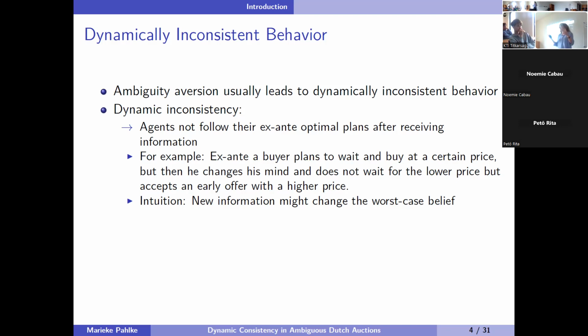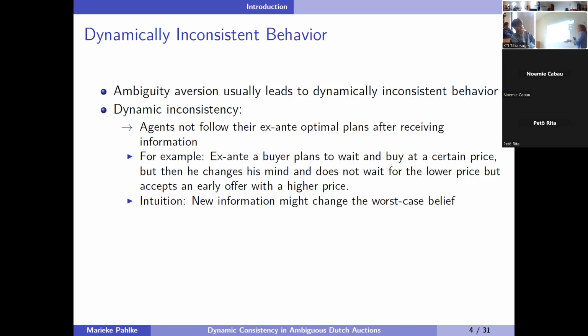So basically you're ignoring at the interim stage beliefs that would give you a different worst case. That's the only updating rule I know in the ambiguity setting that gives you dynamically consistent behavior. Everything else, at least in many situations, gives you dynamic inconsistency.